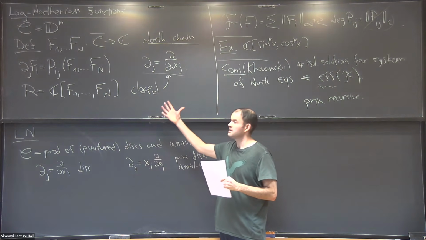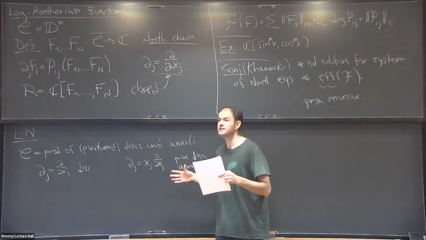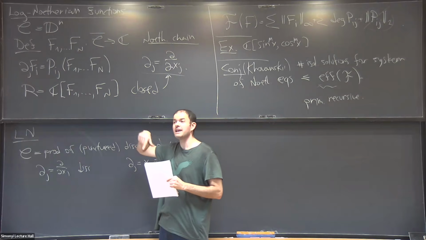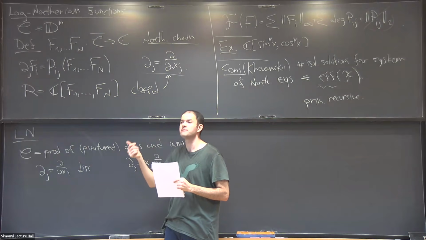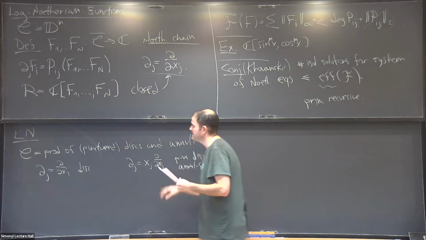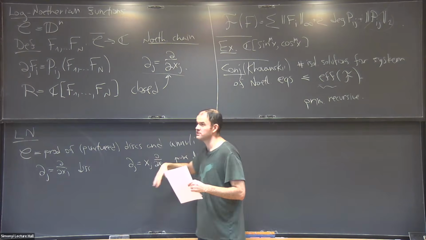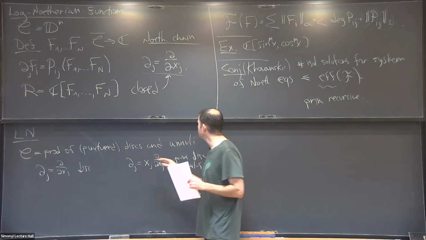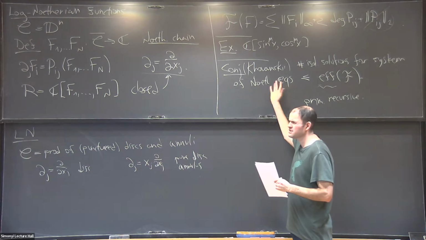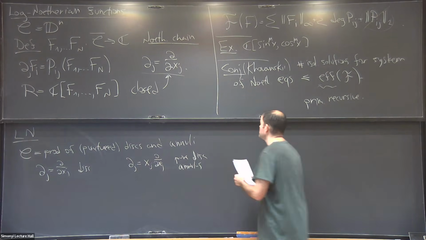So I'm taking functions defined on a product of punctured disks, but now the derivation is not d by dxj, it's xj d by dxj, so it's with a logarithmic singularity. That's why I call it Log-Noetherian. This turns out to be very important for the inductive proof. In fact, the reason we couldn't make progress on this conjecture of Khovanskii was that it was the wrong generality in which to approach this problem.